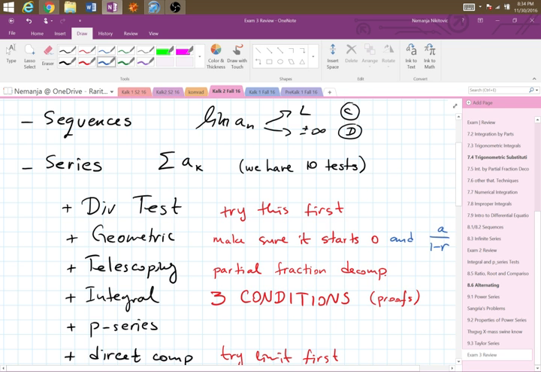So you can run that divergence test against every single series problem from chapter 8, and then go back and make sure that you did the ratio test if the problem says use the ratio test and so on. Alternating series, obviously you have those two conditions to get you on the convergence track, and then you have to test for conditional or absolute. So I hope you remember the tree and how it branches, which path to take.